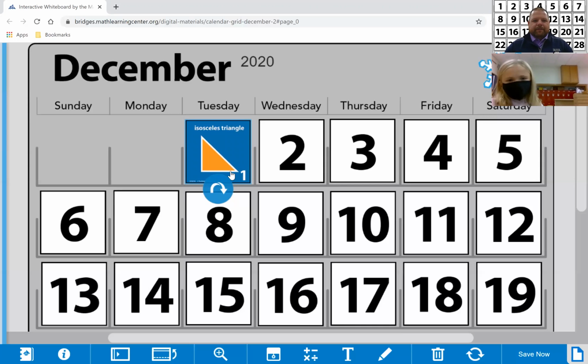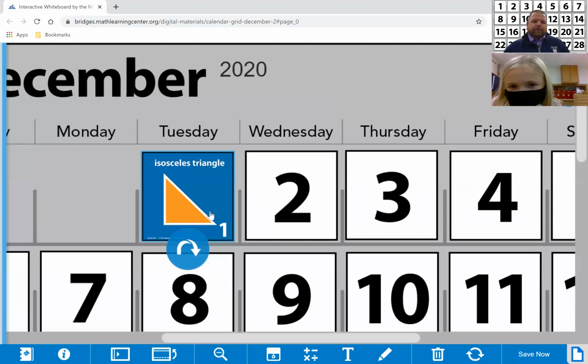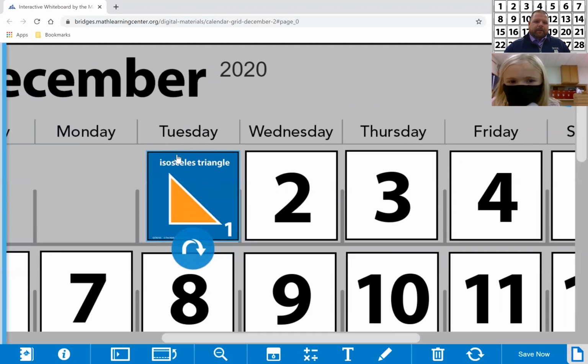It's a rectangle. A rectangle has 4 sides. What has 3 sides? Let me zoom in. What's a polygon with 3 sides and 3 points?